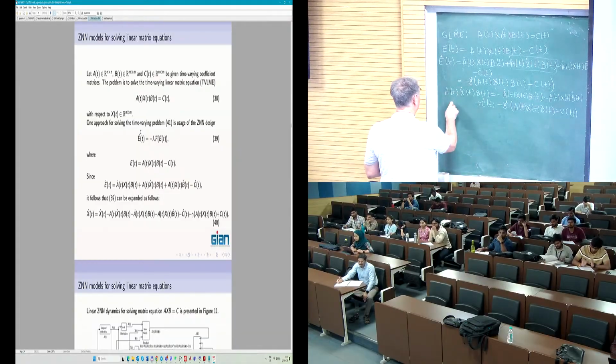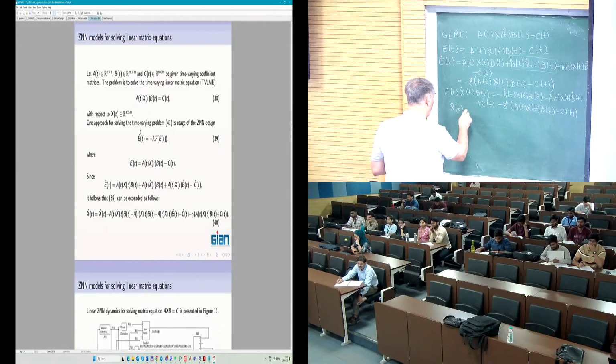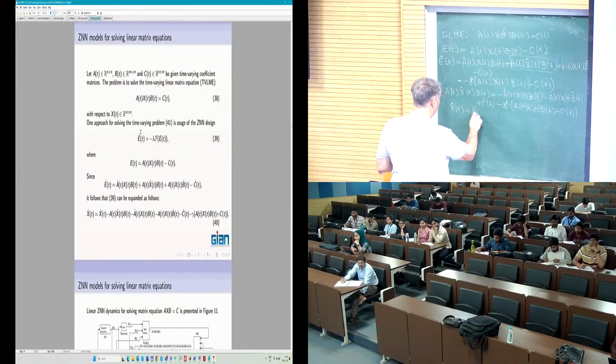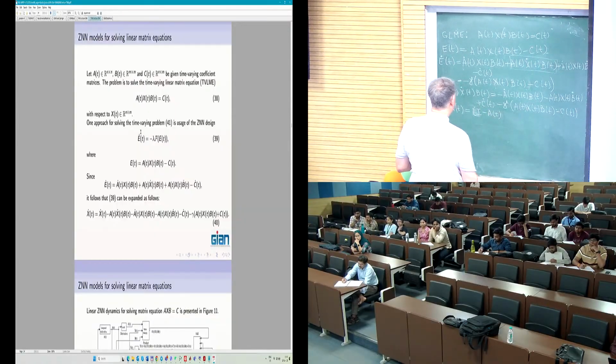We will add from left X dot of t and from right X dot of t. This term will go right, and we will obtain here X dot of t minus A of t.